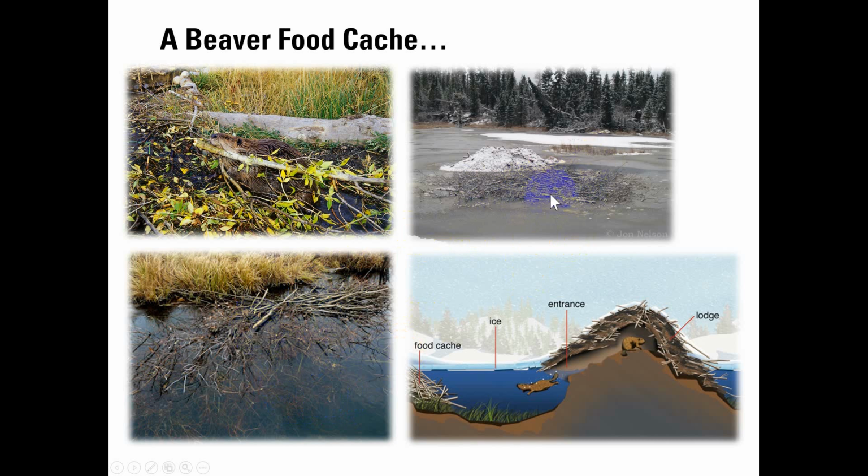This cap freezes in the ice during the winter time, but all this other material is below the ice, and they have this underwater entrance to their lodge that goes under the ice, and they can retrieve this stored wood, bring it back to their lodge, and feed on it all winter long. Beavers don't hibernate, and so they have to continue feeding throughout the winter, and this is a way to do it.